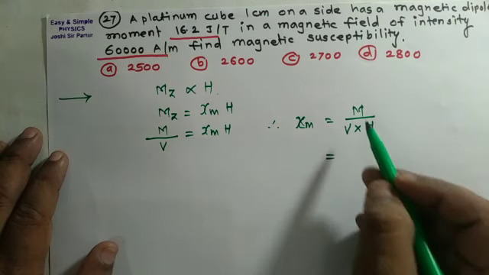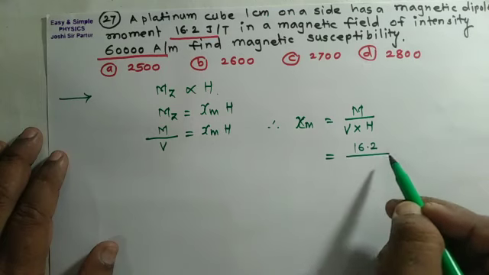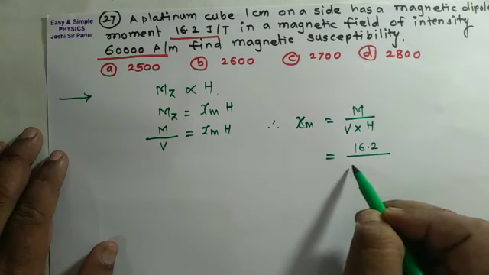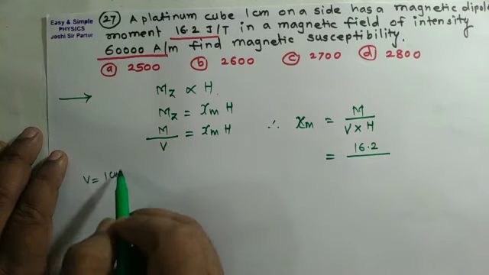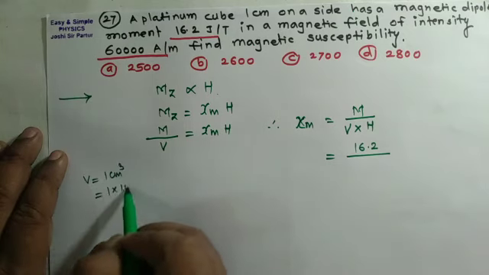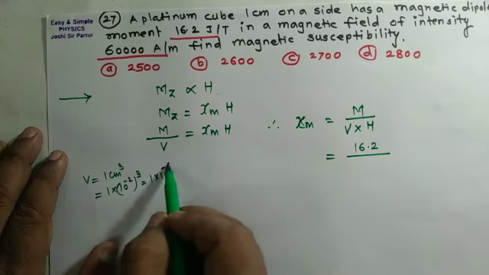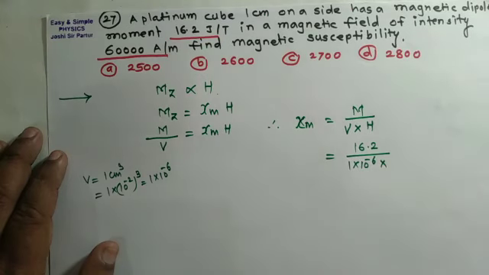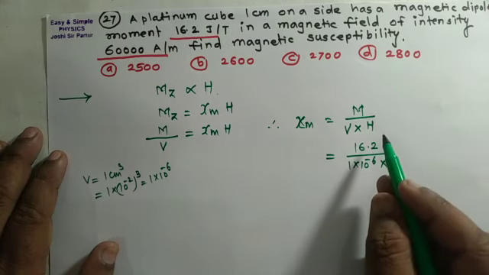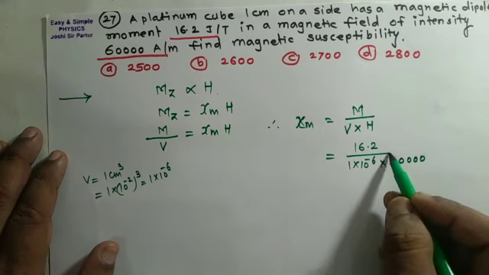So the magnetic moment is given as 16.2 divided by the volume of the cube, that is 1 centimeter cube, which is 1 into 10 raised to minus 6 meter cube, multiplied by the magnetic field intensity, 60,000.